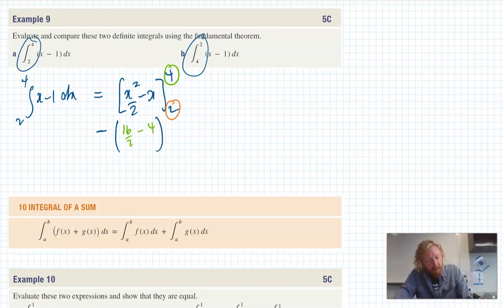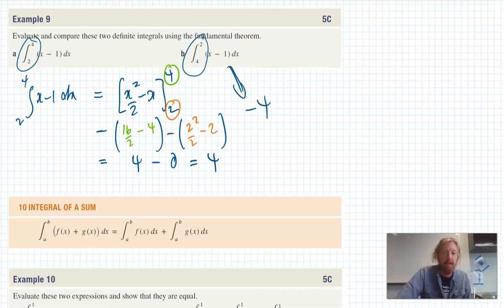Sub the 2 in, minus 2 squared on 2 minus 2, equals 8 minus 4 is 4, minus 4 on 2 is 2, minus 2 is 0, which is 4. So my answer for B is going to be negative 4. We'll look at how that works graphically a little bit later.